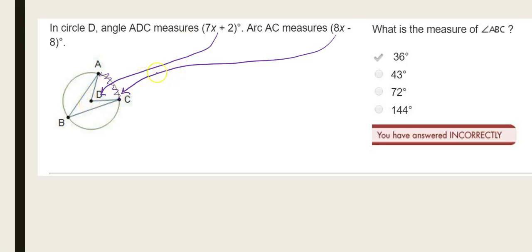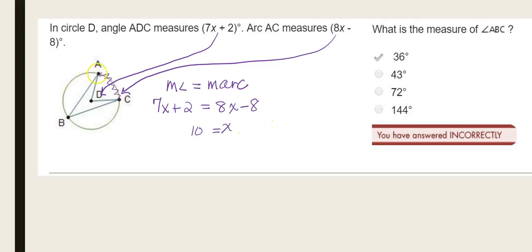Now, since this is a central angle, we go back to the idea that the measure of the angle is equal to the measure of the arc because it's a central angle. So I can set 7x plus 2 equal to 8x minus 8. When I solve for x, I end up with the fact that x is equal to 10.